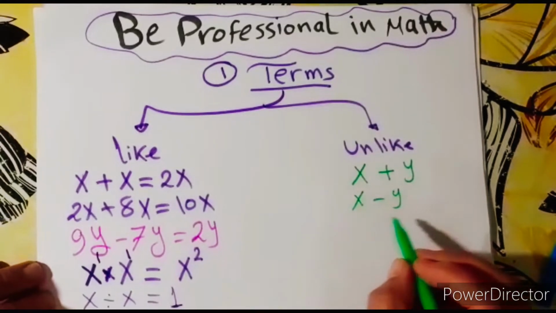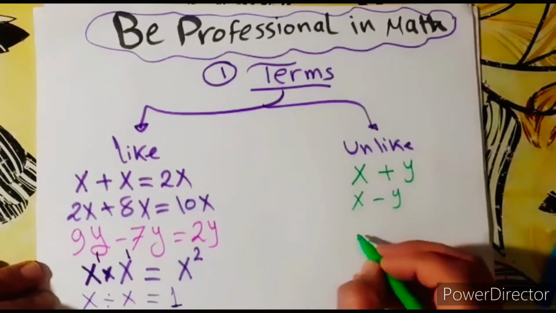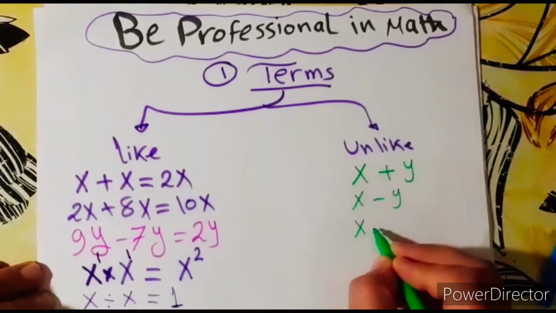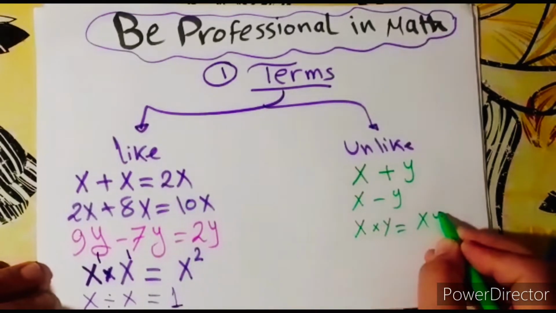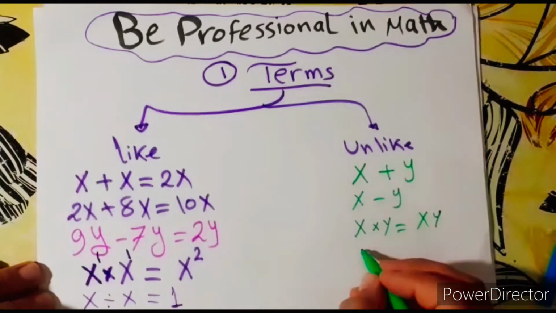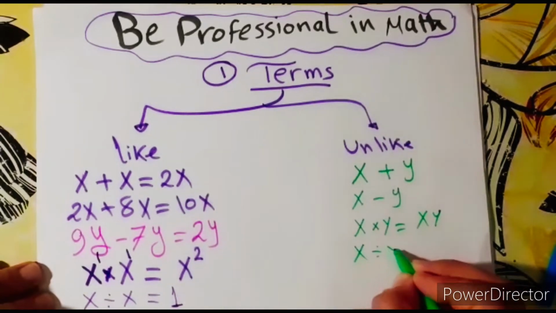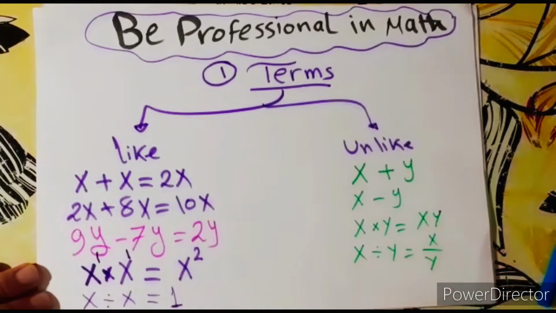We can't do anything more. After that, multiply. x multiplied by y equals xy. x divided by y equals x over y. Now, we have explained the operations on terms, like terms and unlike terms.